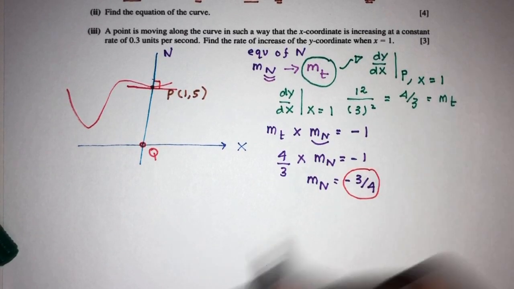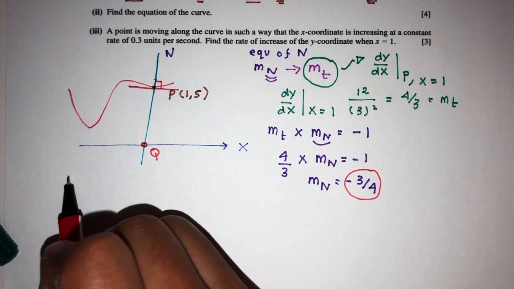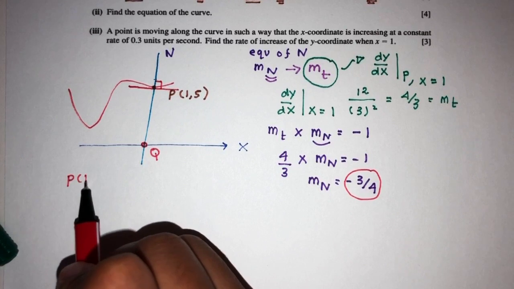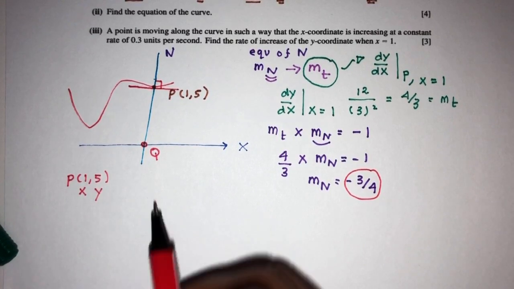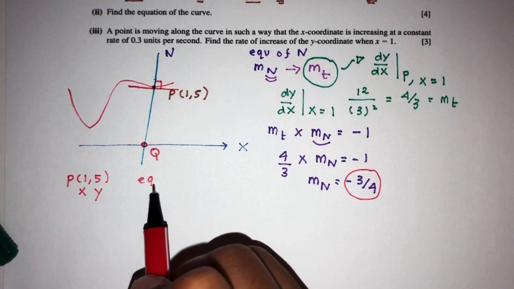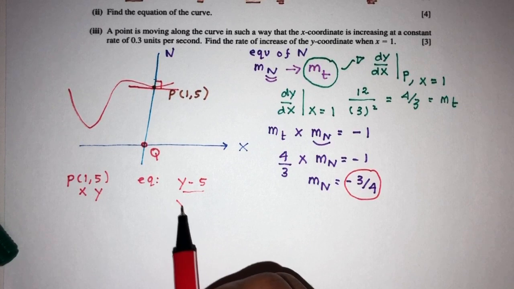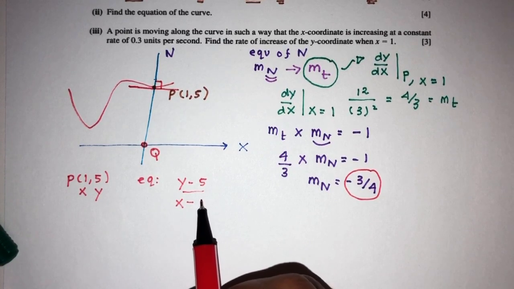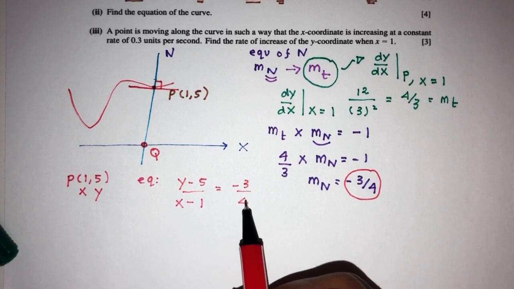This is what we need to find the equation of the normal. Now, we have the gradient and we have a passing point, which is the point P. P is (1, 5). We can find the equation. This is my x value and my y value. So to find the equation, pretty easy. So (y minus its corresponding value) over (x minus its corresponding value) is equal to minus 3 over 4, which is its gradient.